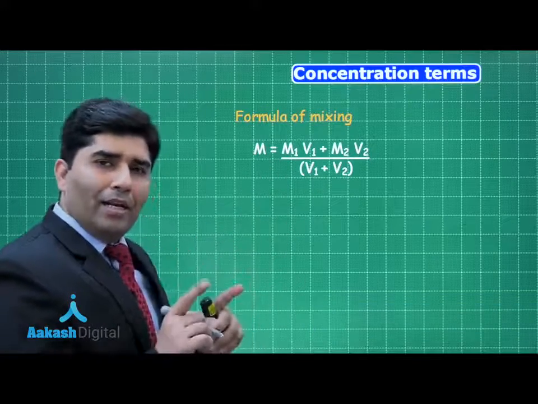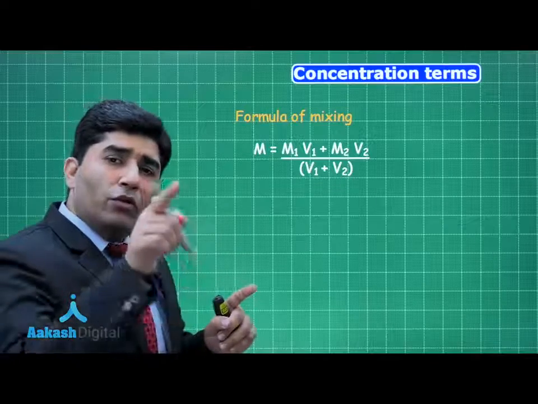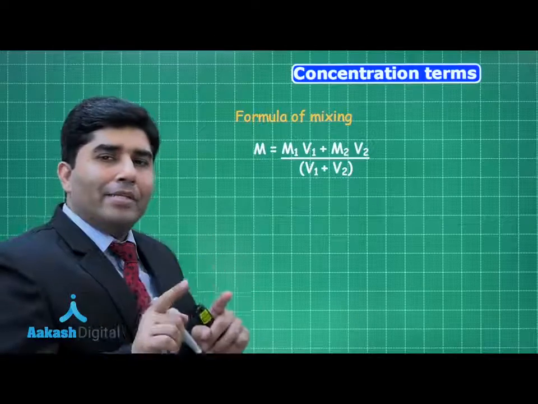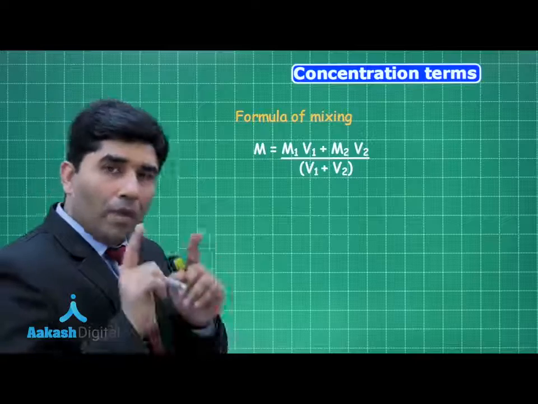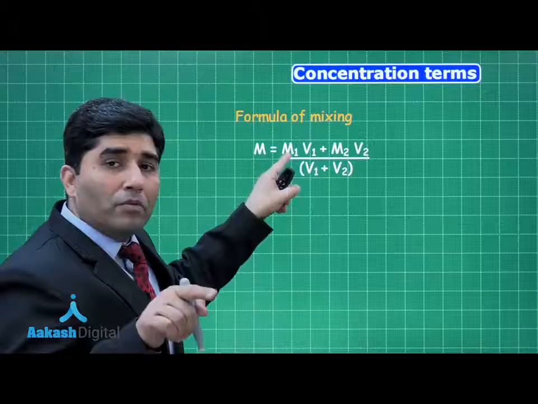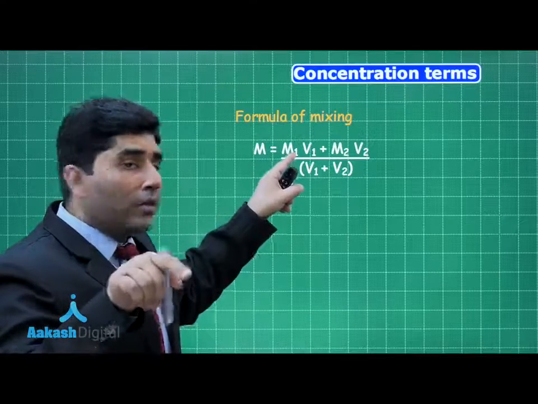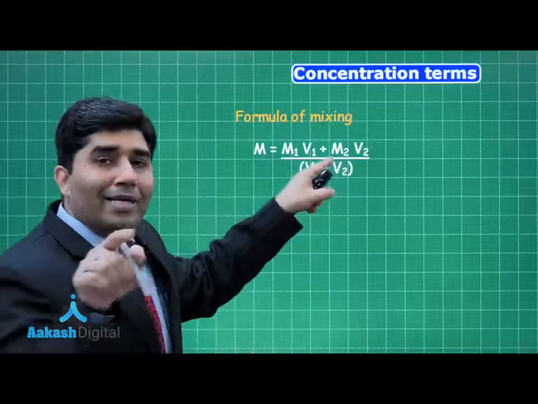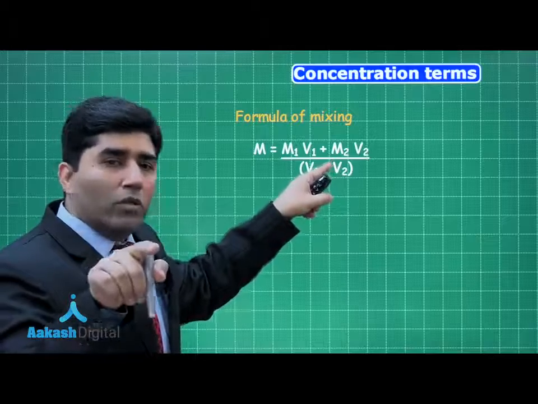As we discussed earlier, molarity into volume gives us the number of moles. Therefore, M1 into V1 is the number of moles of the first solution, and M2 into V2 is the number of moles of the second solution.